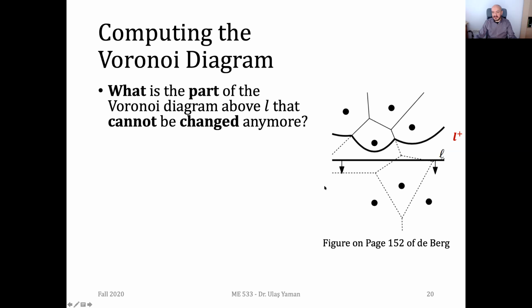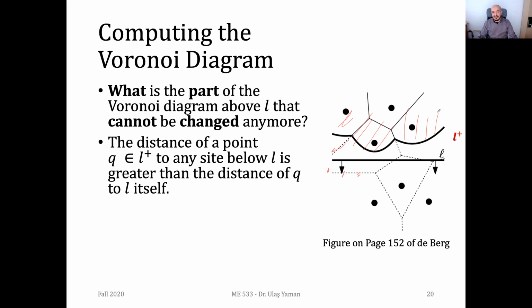Since we are not aware of the sites, we may have, for instance, some number of sites here, and these may affect this dashed region. This is not finalized yet, but the upper part, this region, has already been finalized, and so we can simply store them as the Voronoi diagram in our data structures.